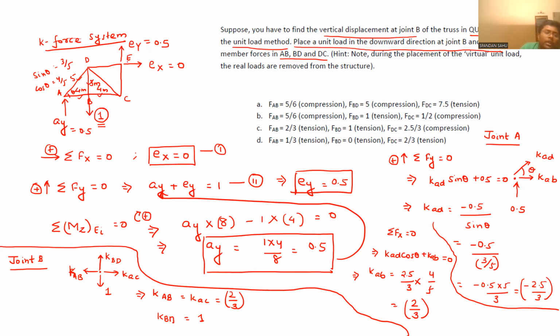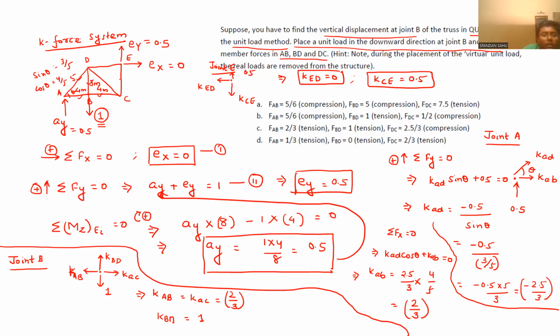Now we can directly go to joint E. If we see joint E, here this is 0, so I am not considering this now. This will be KCE, this will be KED, and this top force is 0.5 units. So from here you will get KED equal to 0 and summation of Fy equal to 0, we will get KCE equal to 0.5.